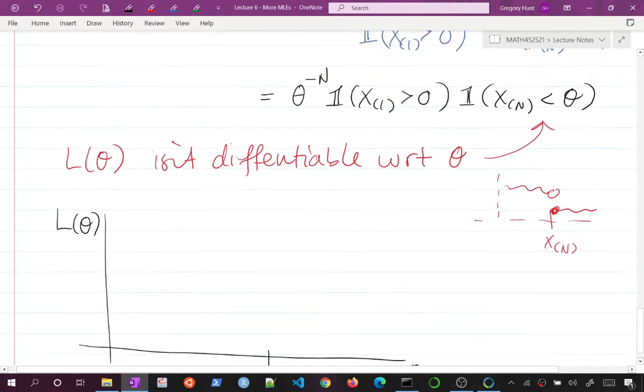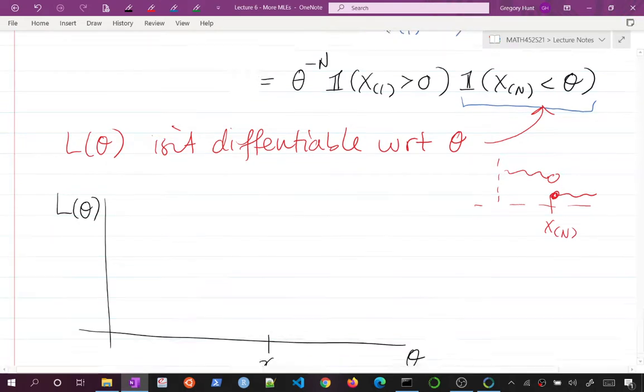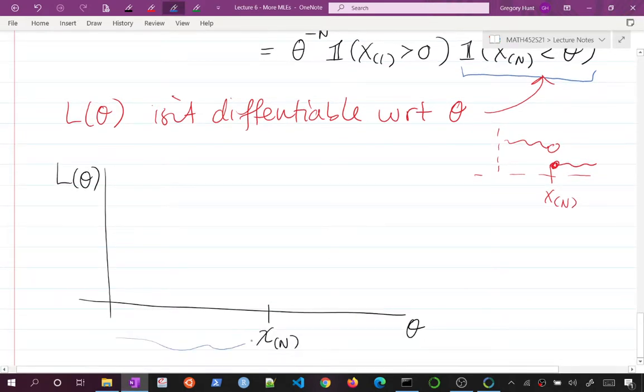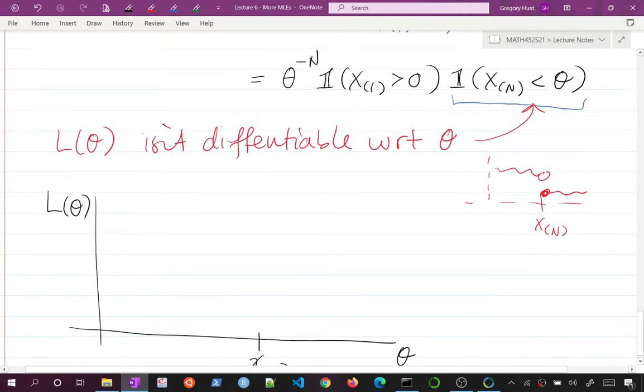Now, if we look at this indicator function here, if theta is less than the maximum, so that means we're in this left-hand portion here, that indicator is 0, because this says it's the indicator that theta is bigger than the maximum.